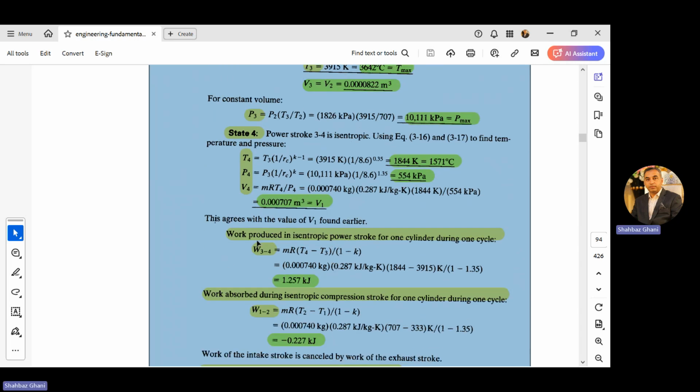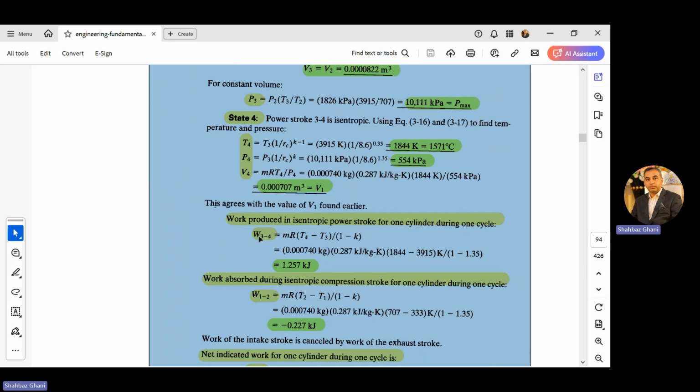Okay. Now the work produced in an isentropic power stroke for one cylinder during one cycle. W from process 3 to 4 is m R (T4 minus T3) divided by 1 minus k. Putting the value of the mass of the mixture, the universal gas constant, T4 minus T3, and k, 1 minus 1.35, the work done is 1.257 kilojoules.